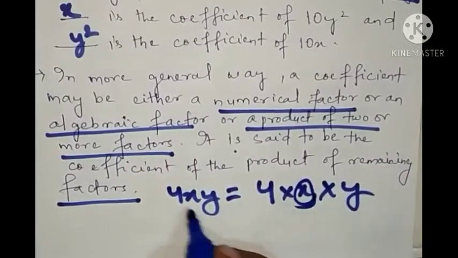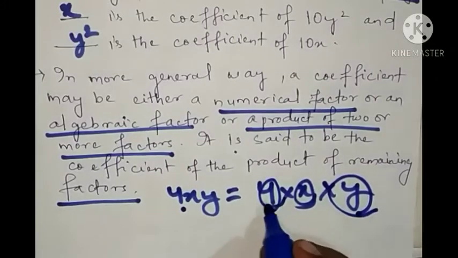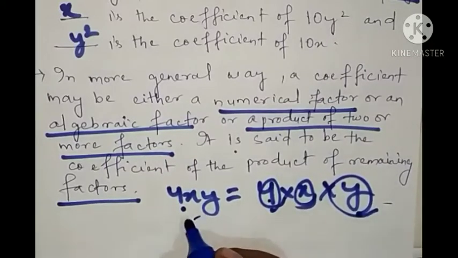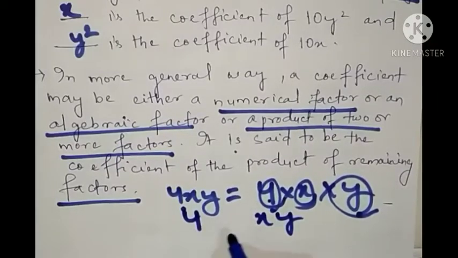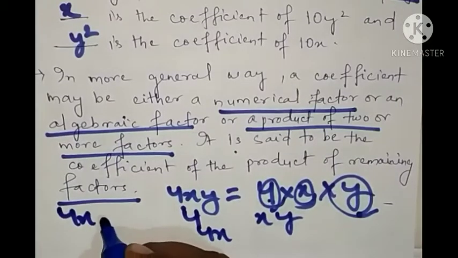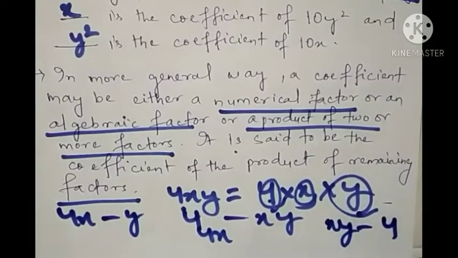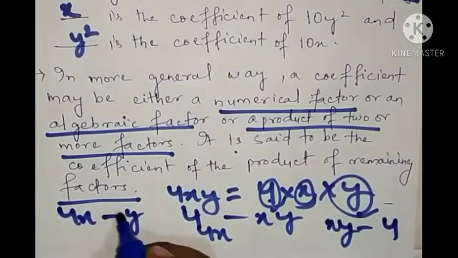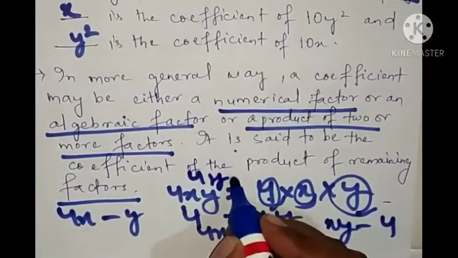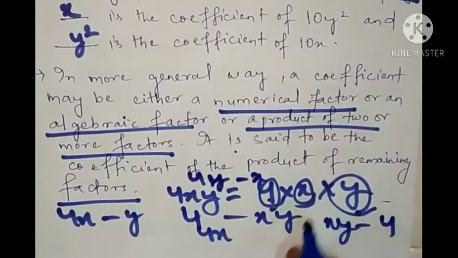Either x is a factor, 4 is a factor, y is a factor, or you can say 4 is a factor of xy, or 4x is a factor of y, or xy is a factor of 4, or 4y is a factor of x. Like that you can find the coefficient.